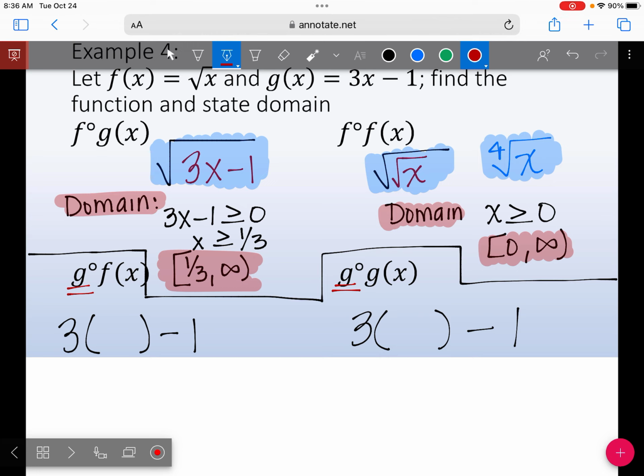For the third one, I'm putting f inside of it, which is just the square root of x. You cannot multiply this. There is nothing we can do. You cannot take a number times the square root. So your final function is just 3 square root of x minus 1.